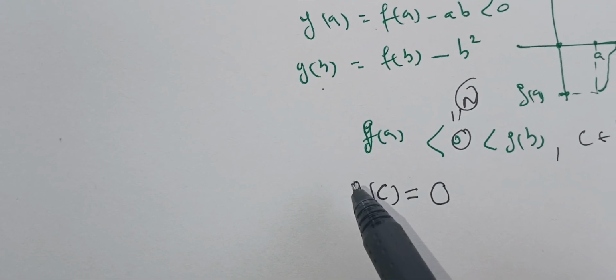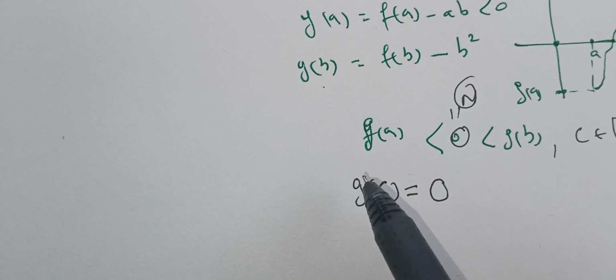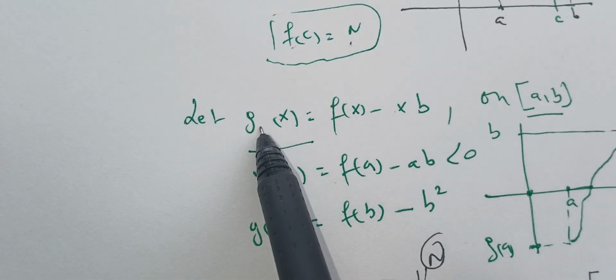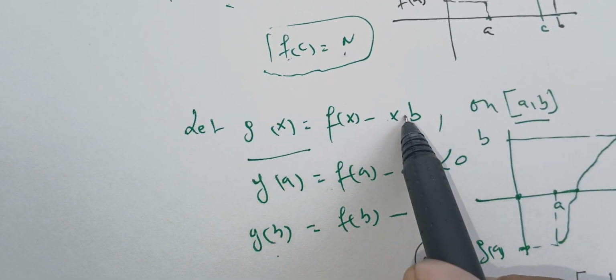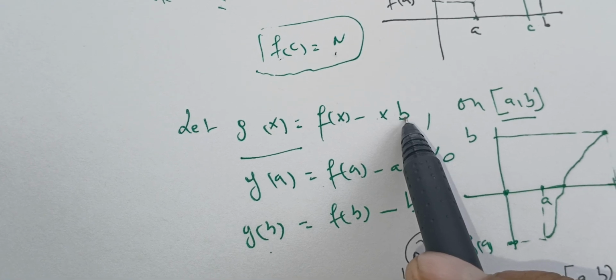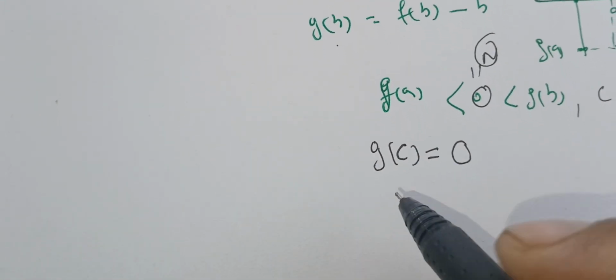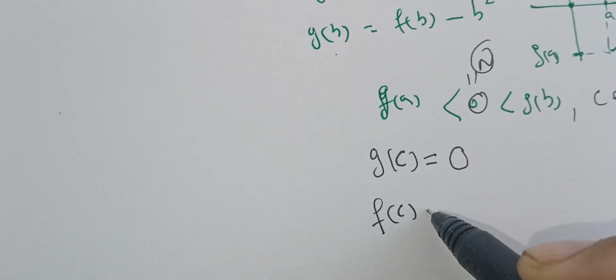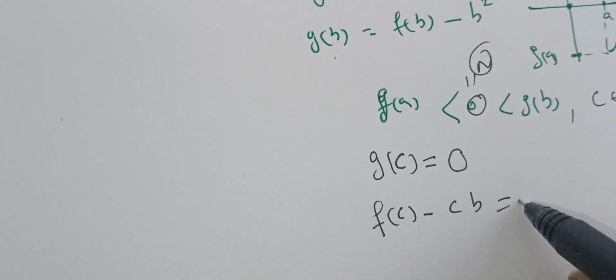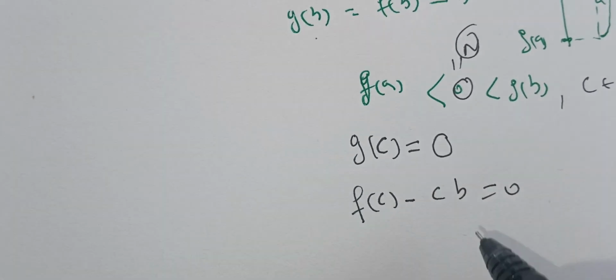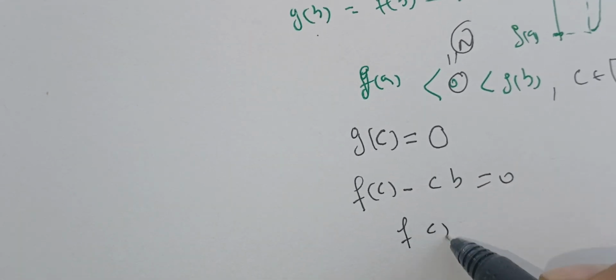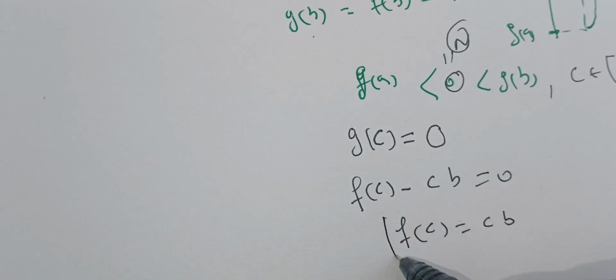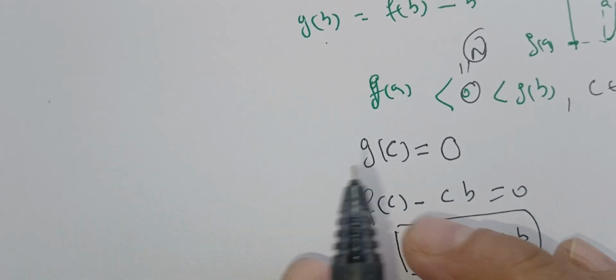But I know g(c) by construction is f(c) minus cb. So here g(c) is f(c) minus cb is 0, and this is written in another way as just f(c) is cb, and this is what we have to prove.